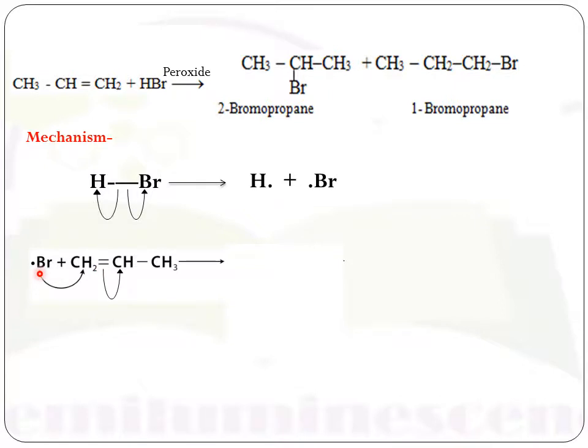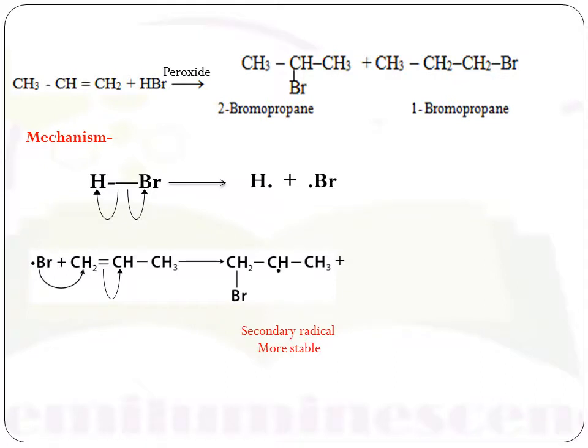So what happens? This bromine gets bonded with this carbon atom, and there is again a breaking of the double bond. Of the 2 electrons of one bond, 1 electron is shared with this bromine and they form a new bond, that is the C-Br bond, and the one remaining electron shifts towards this carbon and forms a radical on this carbon.